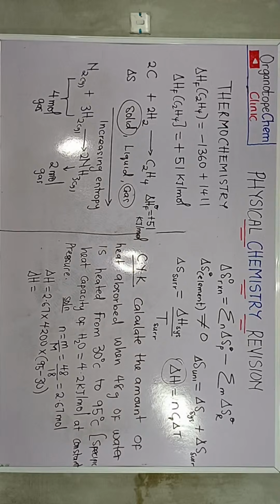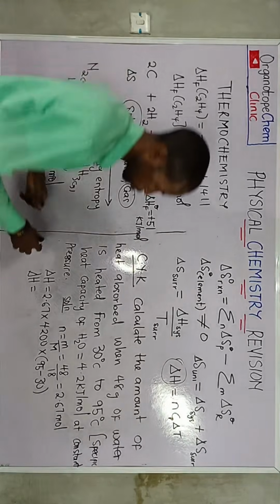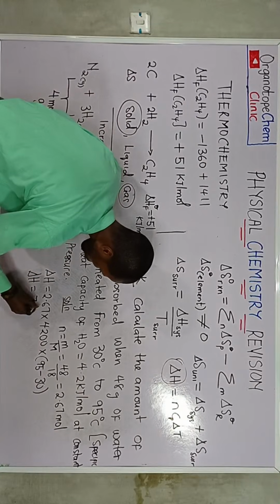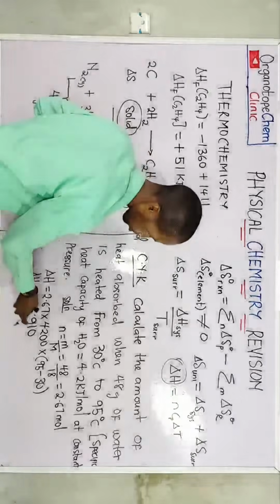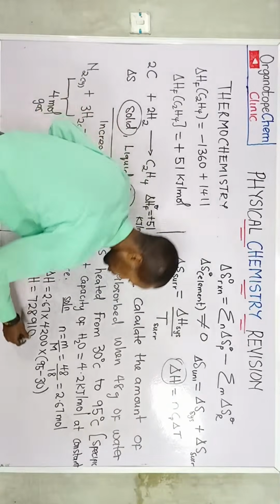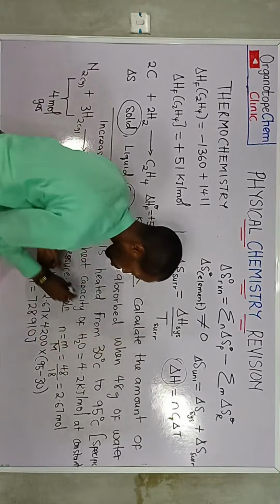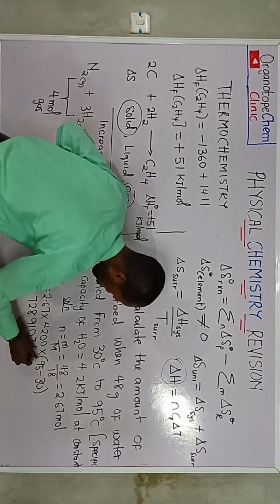I think the final answer is 728,910. Okay, so when you multiply this, we have 728,910 joule per mole.